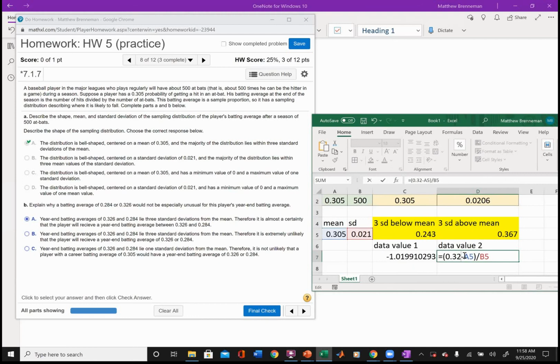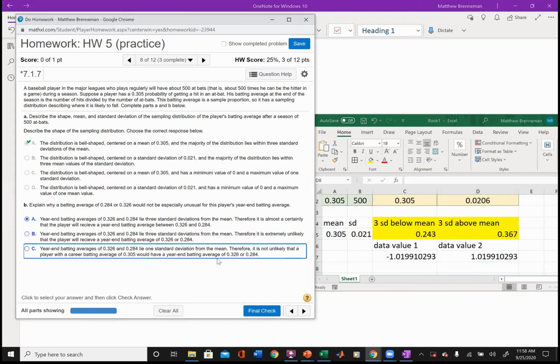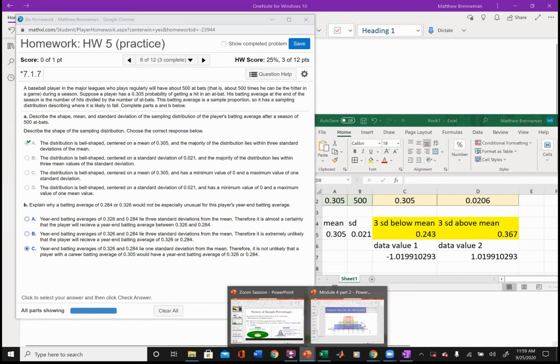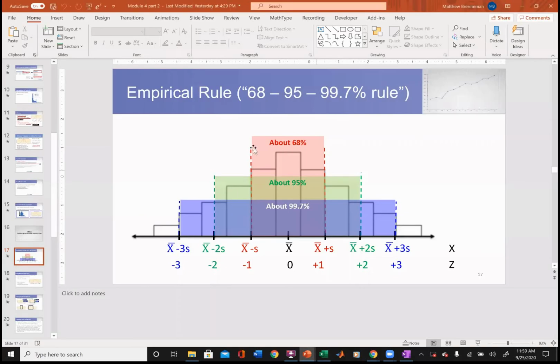So again, I'm just computing the z-score, and I get +1. So it's actually C. And we know for 1 standard deviation away, we're actually very likely. Okay, 68% of the data is in here. So it isn't unlikely to get that data value. Okay. All right, good.